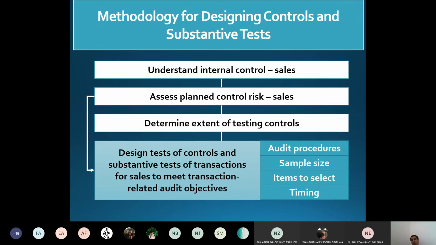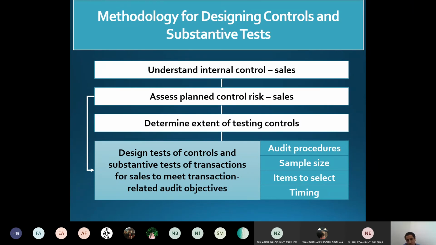Okay, so the first point is to understand the internal control for sales. And then number two, we need to assess the planned control risk for sales. Number three, we need to determine the extent of test of control. And then we move to designing the test of control and substantive tests of transactions for sales to meet the transaction-related audit objectives.